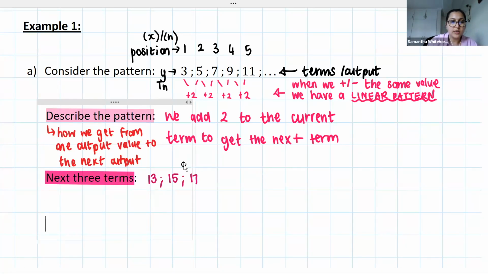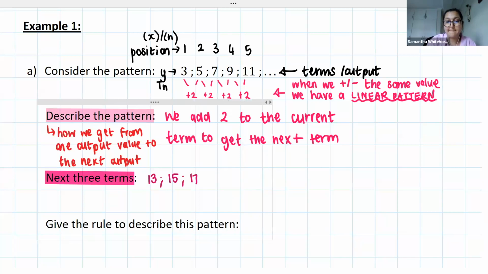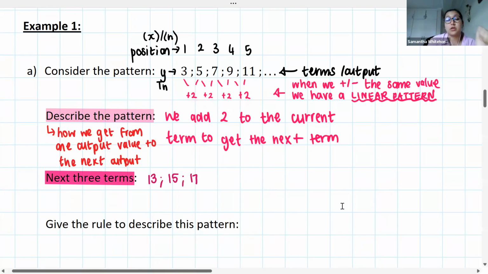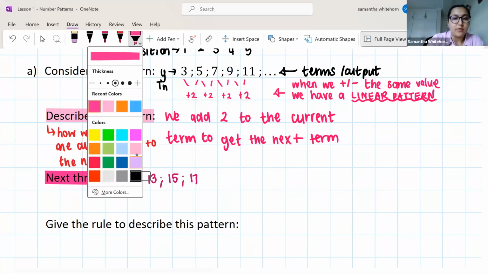So another question I could ask you would be, give a rule to describe that pattern. Now, guys, a description and a rule are two different things. And we need to remember that as we start to do our patterns. So giving a rule, very different to describe.